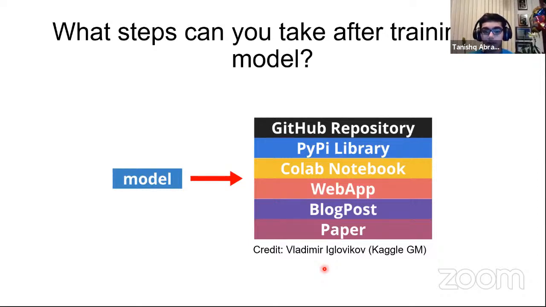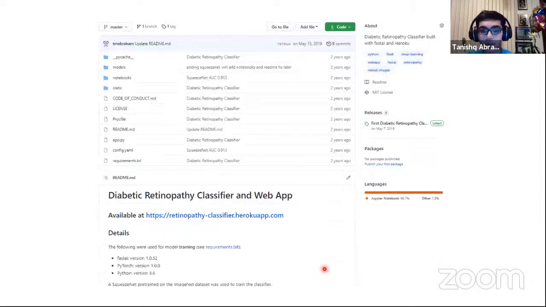I think this is a great way of sharing your work. You can put it on a GitHub repository, prepare a Colab demo, prepare a web application demo, or write a blog post. These are all great ways of sharing your work. I just wanted to provide some examples of that.